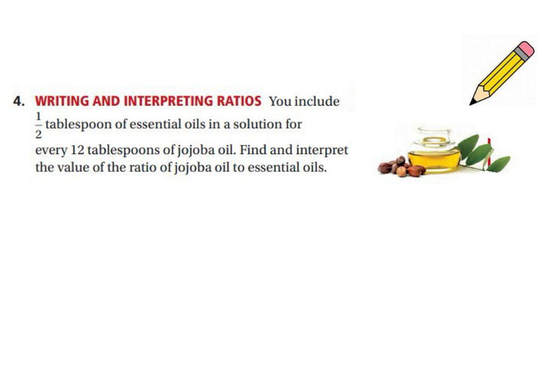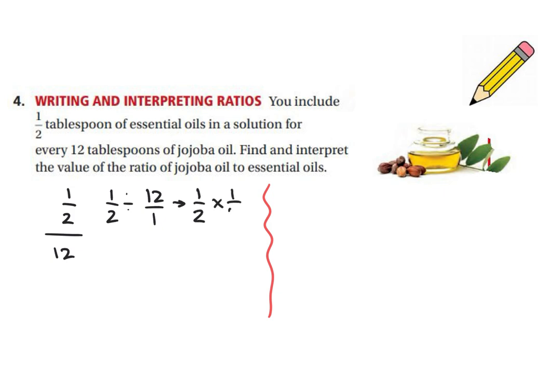So we could do this 2 different ways. Here's our first way. We could just set it up as a ratio. 1/2 over 12, which is 1/2 divided by 12. 12 is 12 over 1, and we know that we can multiply by the reciprocal.